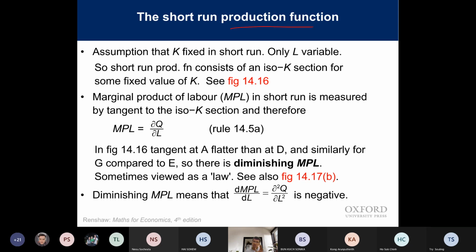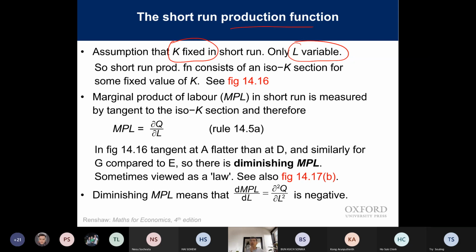So this means that K is kind of fixed, right? The machine is fixed, and L is going to vary, right? It's going to change. So we want to measure the change of the production with respect to L, right?